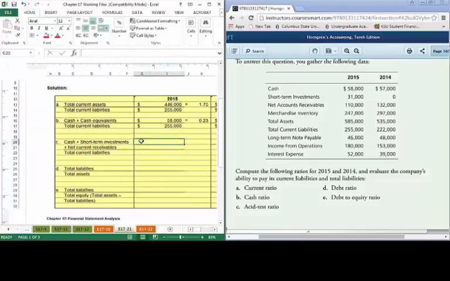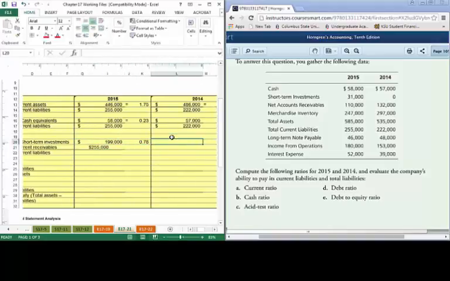All right, now we're going to get to the asset test ratio. Remember, this is our cash, short-term investments, and net current receivables. So now we can add in that $31,000 in short-term investments, and our receivables of 110. And then we're going to divide that by total current liabilities, and we get 0.78.